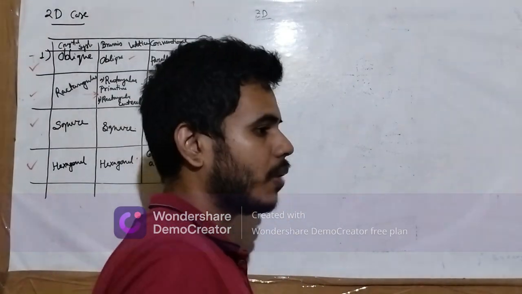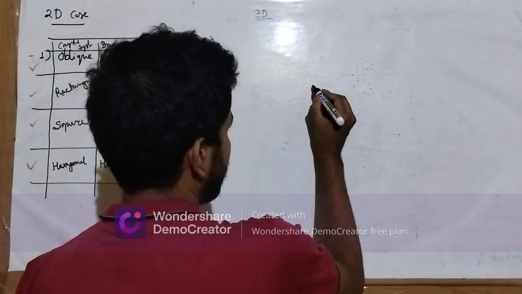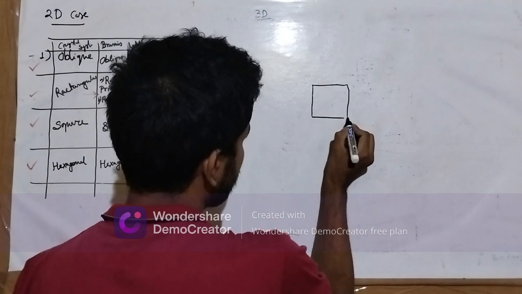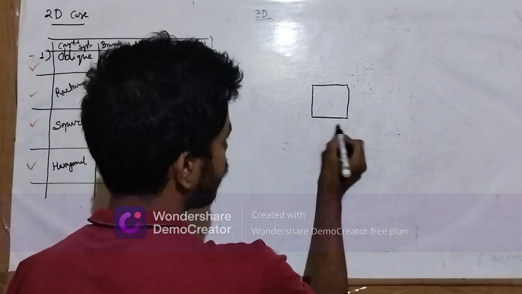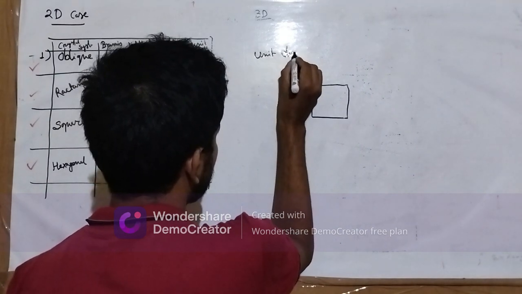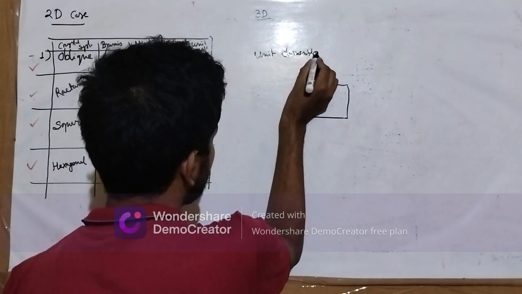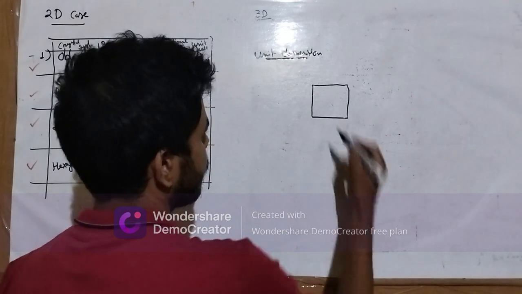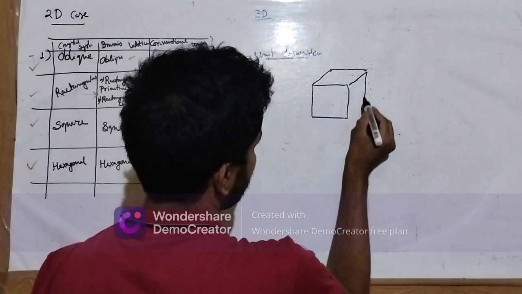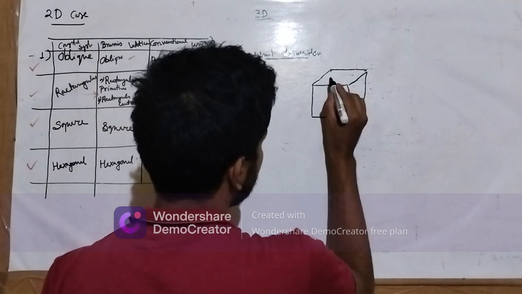First I will tell you what line indices actually is. Let's draw a unit cell. For understanding, we define this dimension as the unit dimension. This is cubic.